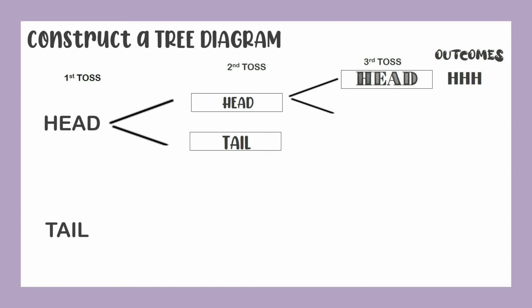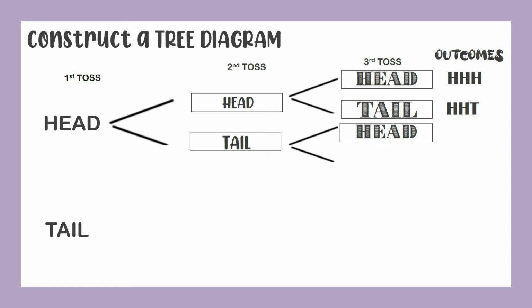Meanwhile, the third coin may also land on the tail, which would give us a final result of a head, head, tail combination. Continuing the process for the second option, with the second toss which landed on the tail, it would also give us 2 possible options. Whether the coin will land on the head, which would result in a head, tail, head combination, or it may land on the tail, giving us a head, tail, tail outcome.